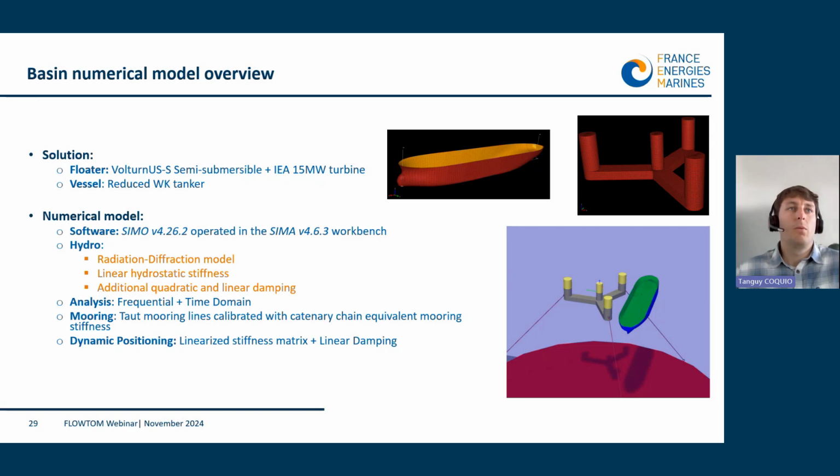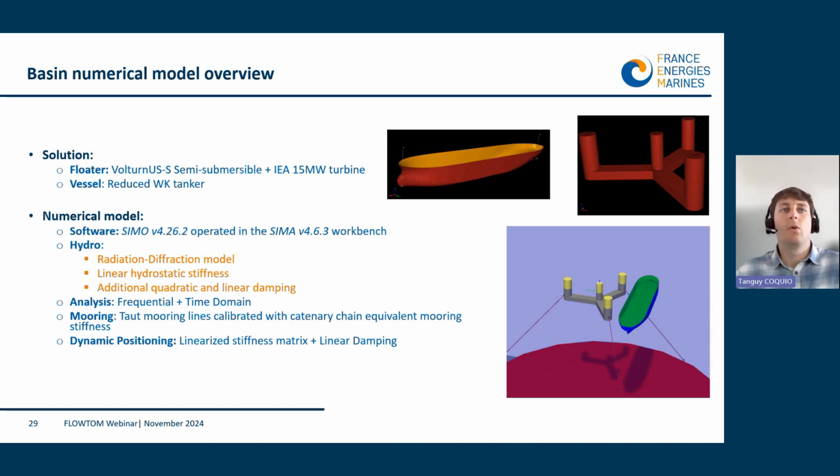The numerical model was built for this comparison in CIMO, operated in the CIMA workbench. We are representing the hydrodynamic effect with the radiation diffraction models. The stiffness used in the model is linear, and we take into account the drag forces and drag effect on the hulls by means of quadratic and linear additional damping.